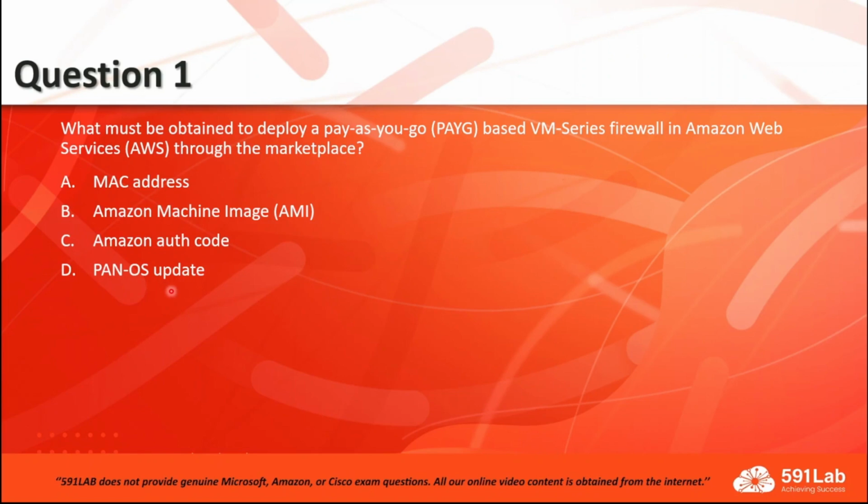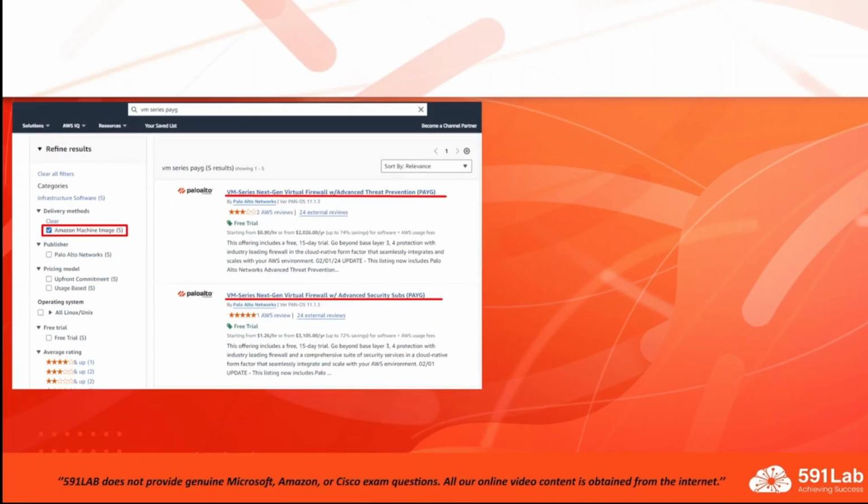To answer this question, let's check the requirement to deploy VM-Series firewall in AWS on the next slide. Here is the AWS Marketplace to deploy VM-Series in AWS. You can look for the Amazon Machine Image for VM-Series in the marketplace.